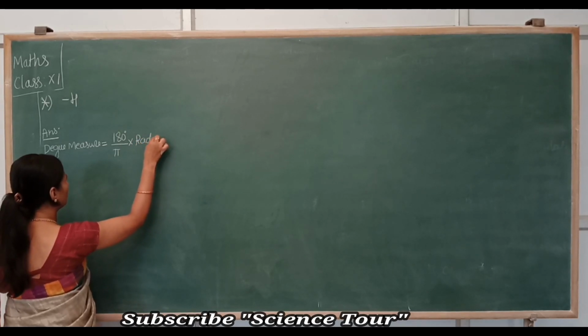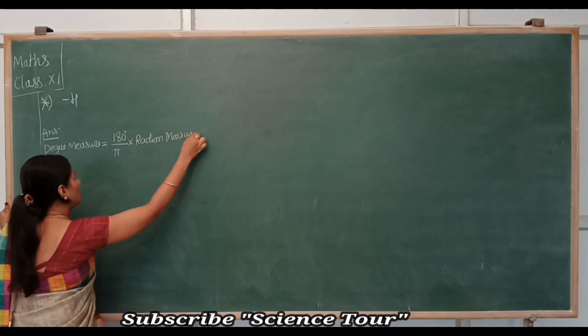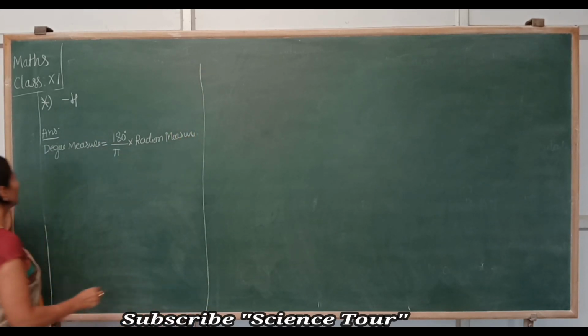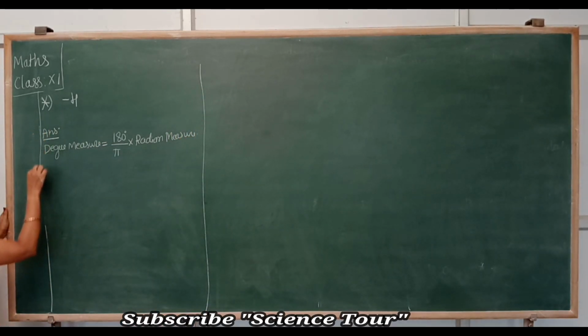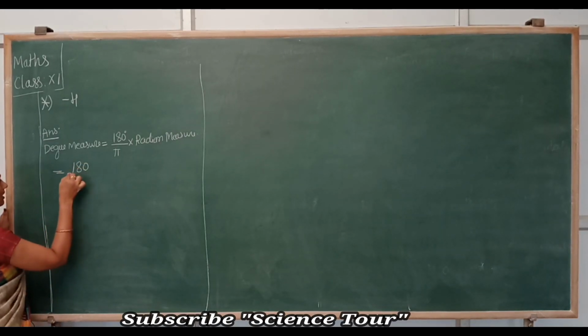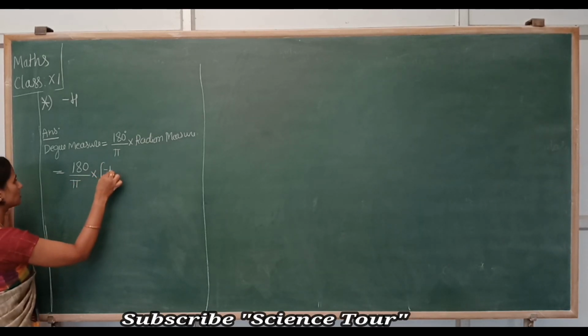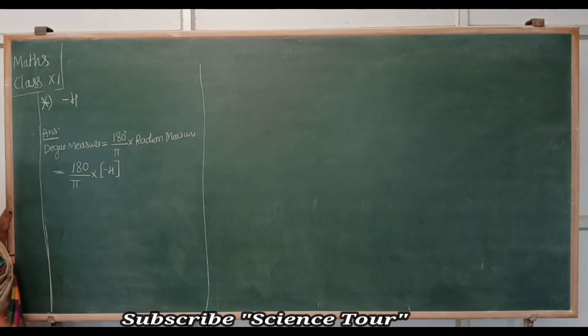So now how to find this one? That is equal to 180 divided by pi into radian measure, how much here? Minus 4. Radian measure is minus 4.